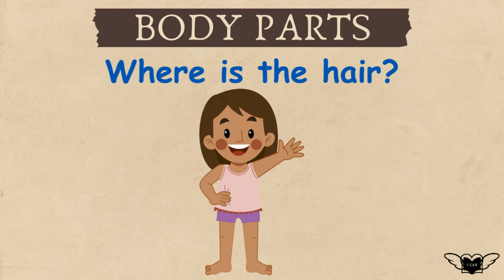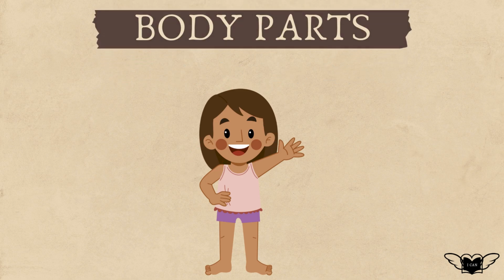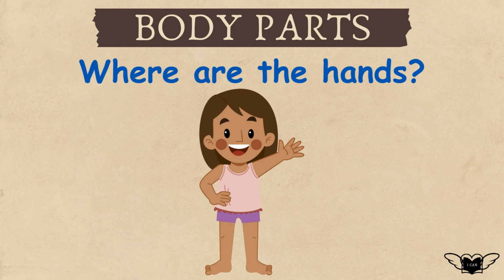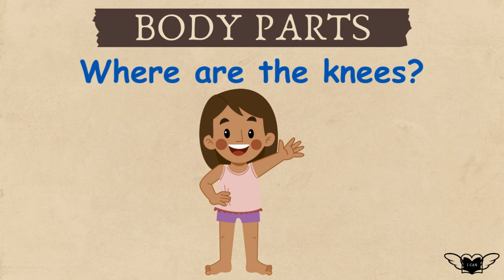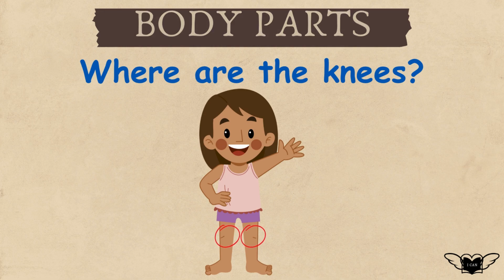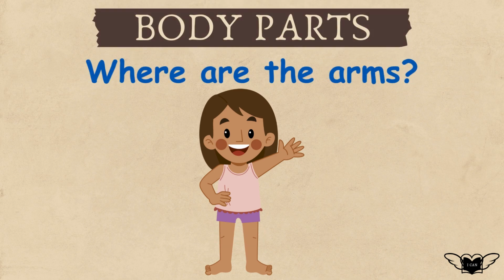Where is the hair? Here. Where are the hands? Here. Where are the knees? Here. Where are the arms?